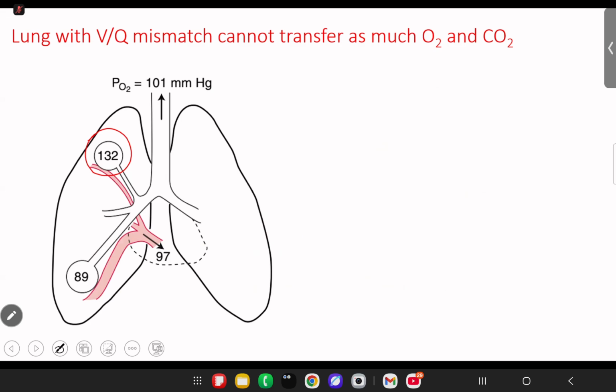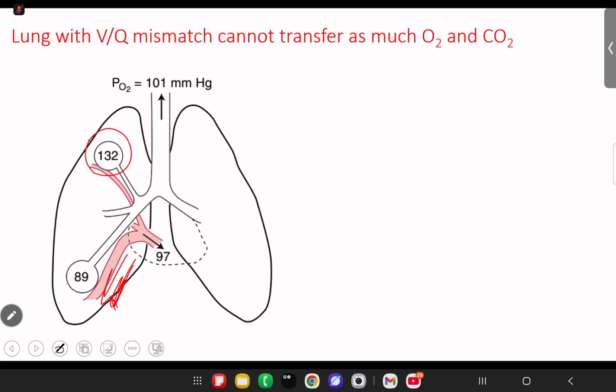Ventilation is more in the bottom, but blood flow is actually very high to the bottom because of gravity. Air is not that heavy, it is not affected by gravity in a practical sense in a normal lung. But blood is liquid, so it tends to draw more towards the base of the lung.